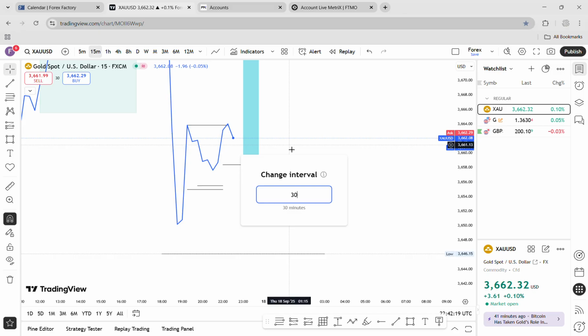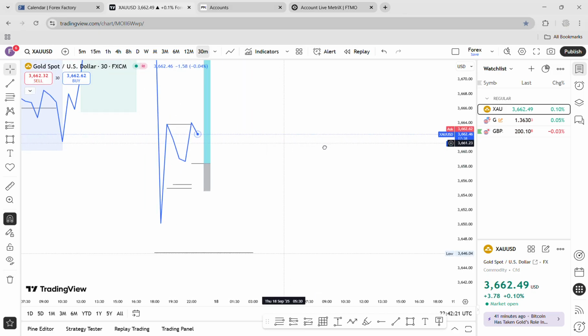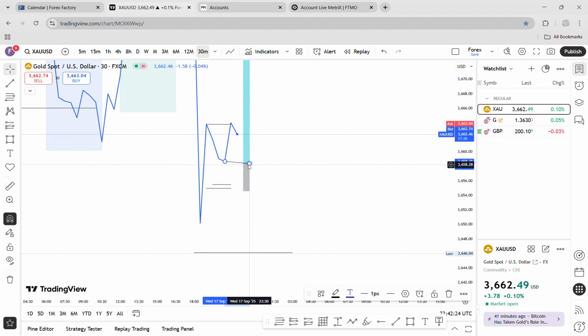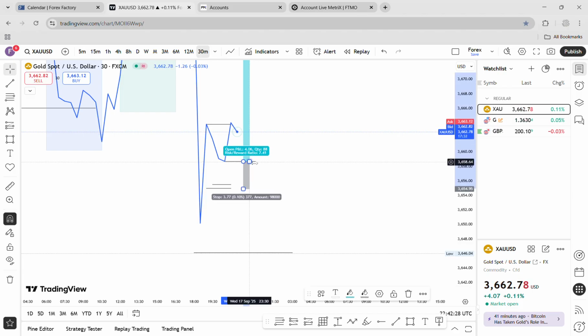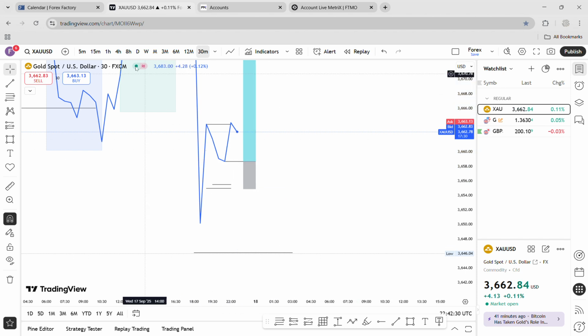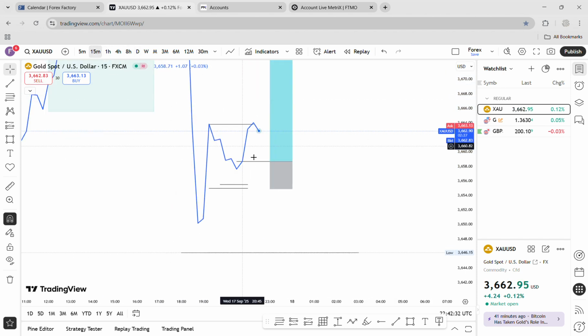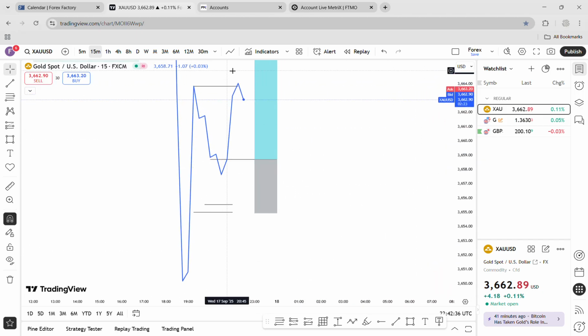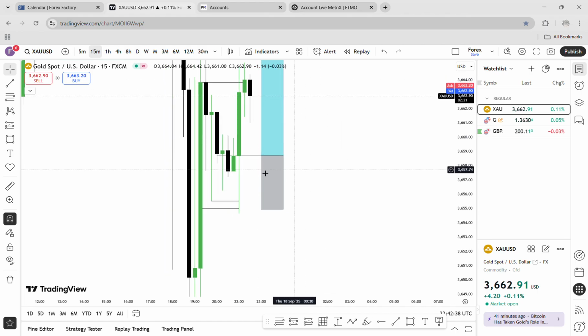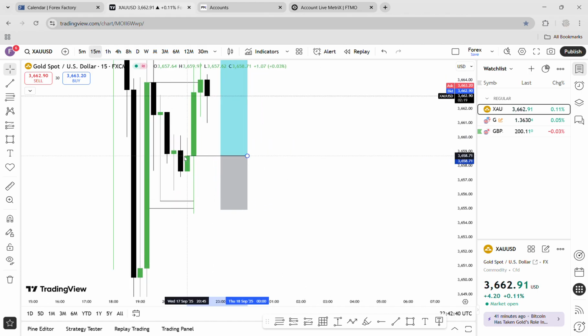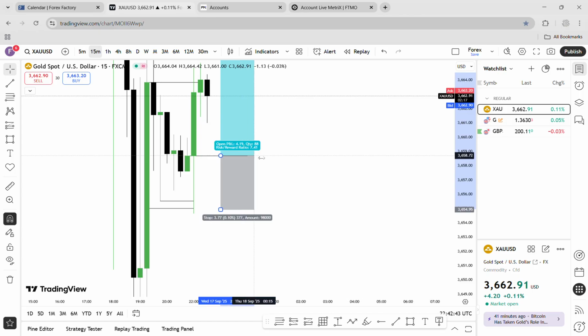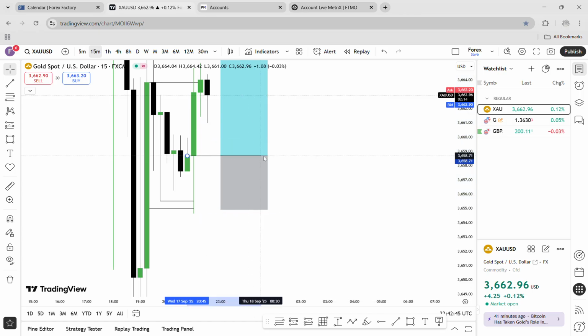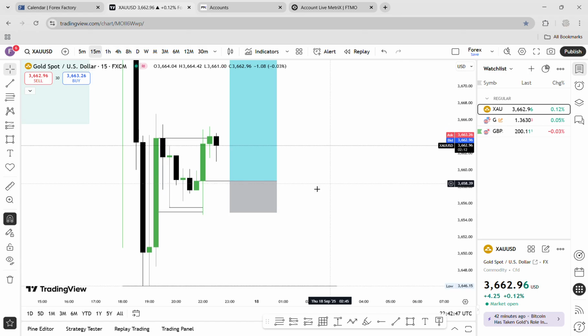If I go to the 30 minutes, it's the same. 15 minutes. So basically, around this level, it's a very good area for price.